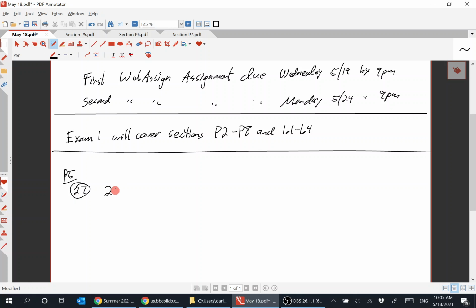So 27, we have 2 times 2 minus 5t plus t times t plus 10. And they're asking us to simplify the expression. Okay? Simplify the expression or expand.